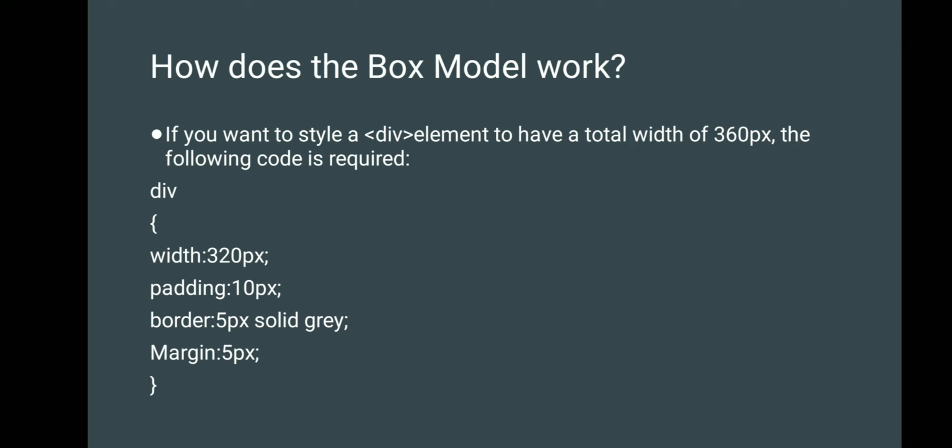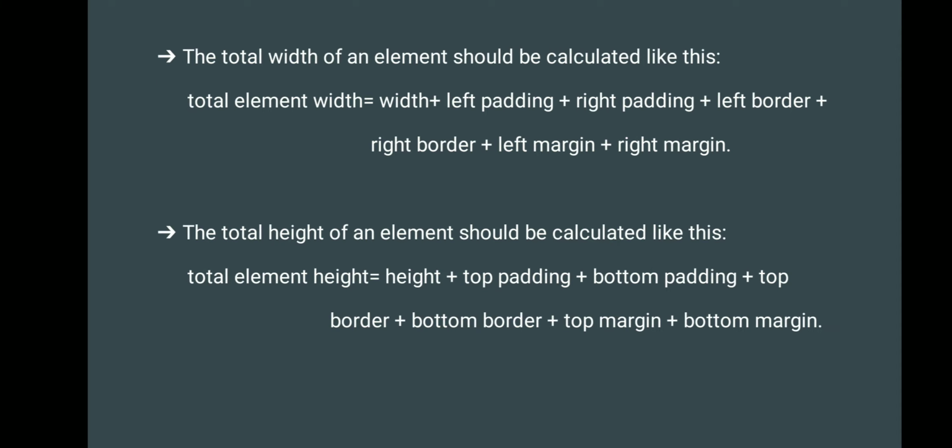If you want to calculate the height, we have to consider the top and bottom values. That is height of the content plus top padding plus bottom padding plus top border plus bottom border plus top margin and bottom margin. If we add all these values, then we'll get the total height of the division.